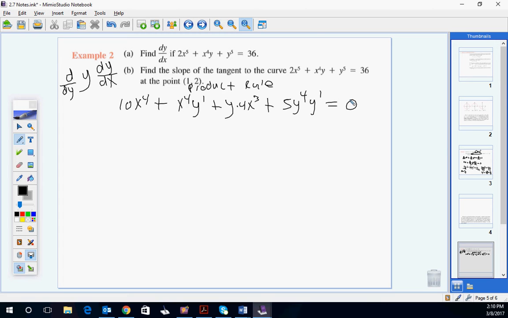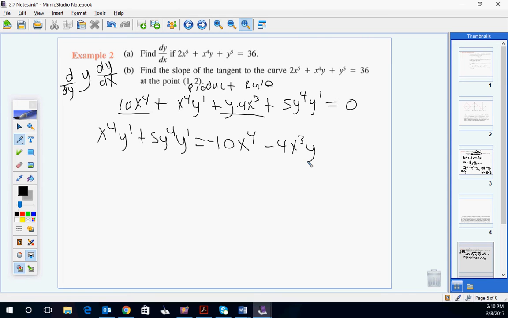So at this point, like I talked about yesterday, we want to isolate the y primes and then solve. So we want to move this away and move this away because they don't have y primes. So we have 4x cubed y prime plus 5y to the 4th y prime equals negative 10x to the 4th. If I subtract it, and then a negative, I'm going to write the x first, 4x cubed y.